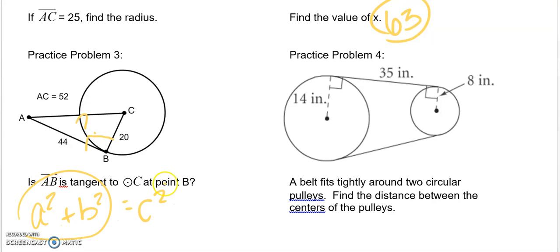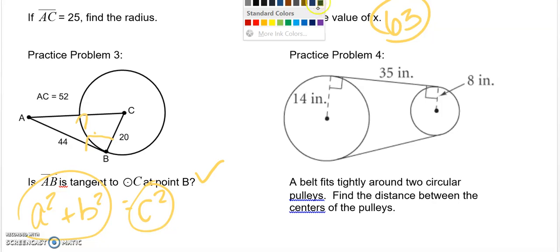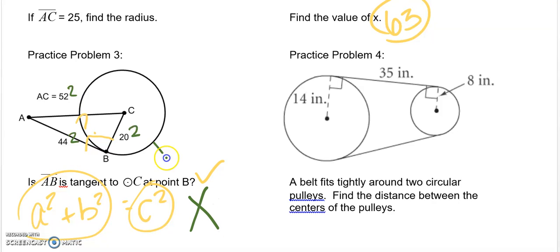And if this truly does equal this, that means this is a right triangle and it is tangent. If it doesn't equal that, then it's not a right triangle and it's not tangent. And in this case, when you do 20 squared plus 44 squared, it does not equal 52 squared. And so it is not tangent because it does not make a right angle for that reason.